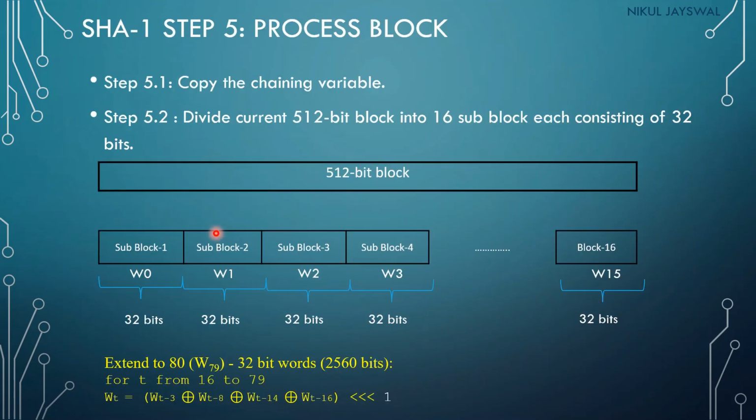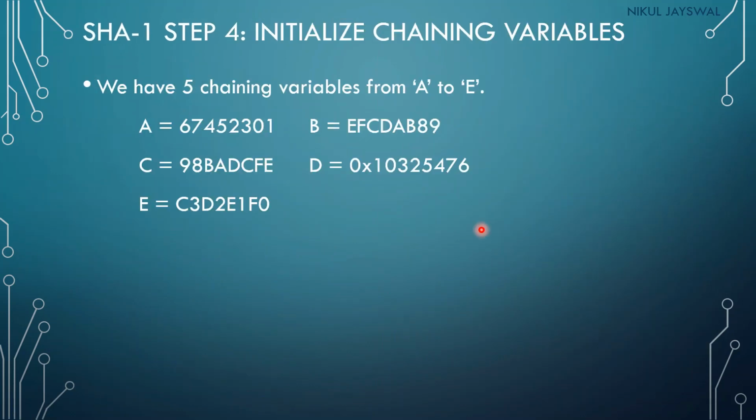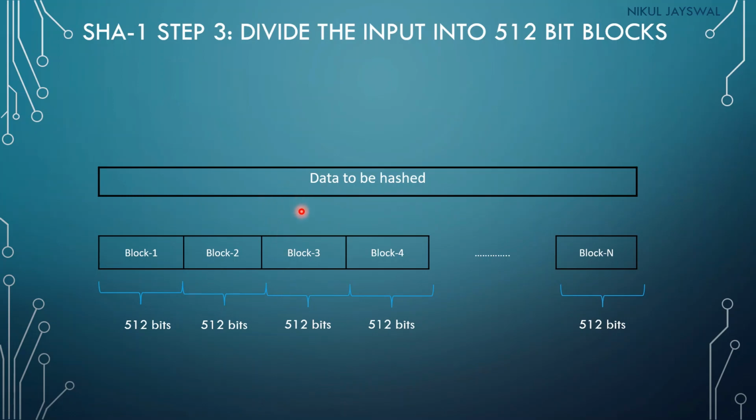Again block 2 will be divided into words, and that output will be the input of the next block. Again word 0, word 1, word 2, word 3, word 4, up to word 79 will give you the output of the second block. Now the output of the second block will go into the input of block 3.